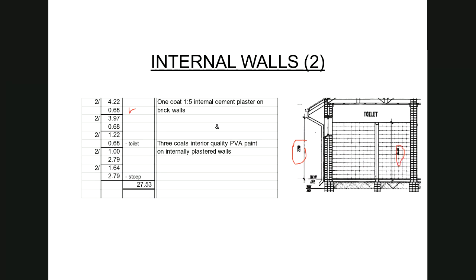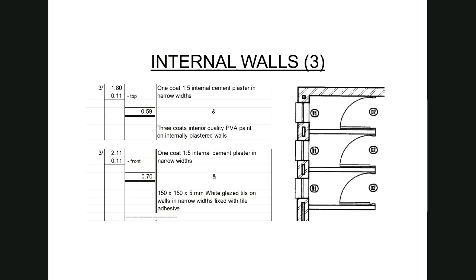So I'm again measuring it around the room, 4.22 times 2 in the one direction, 4.22 times 2 in the other direction, and then the 1.22, and I just want to skip to the next slide again.